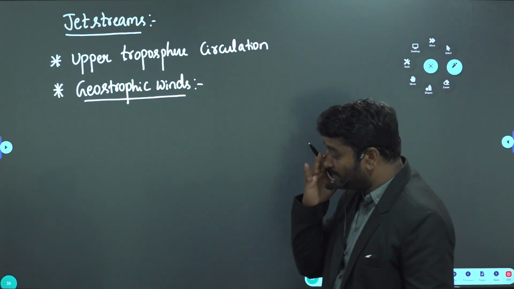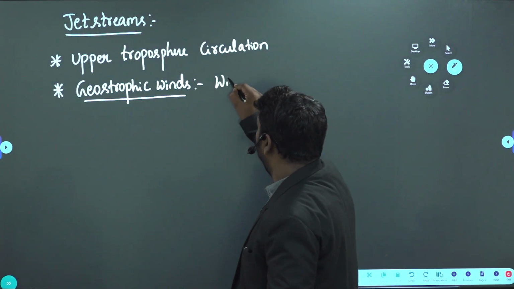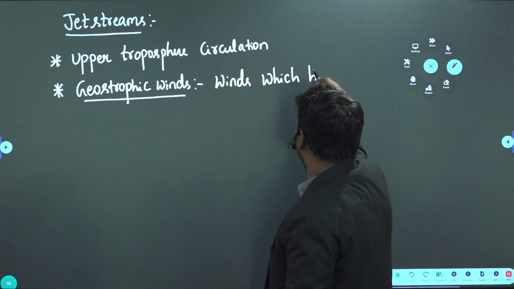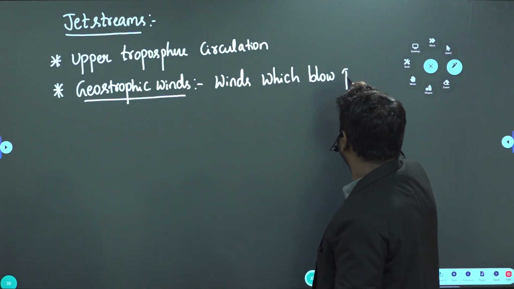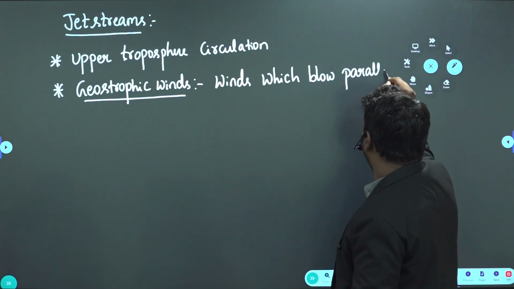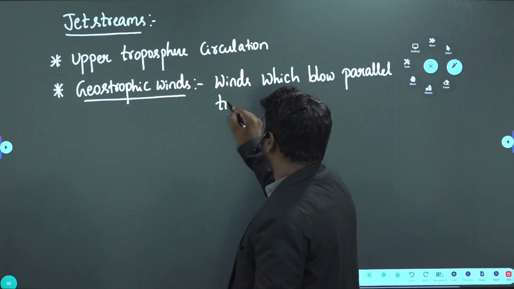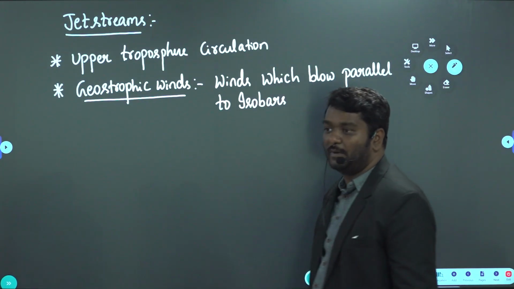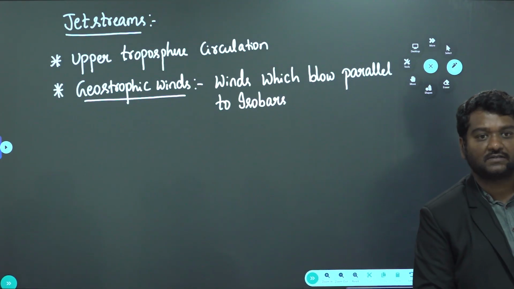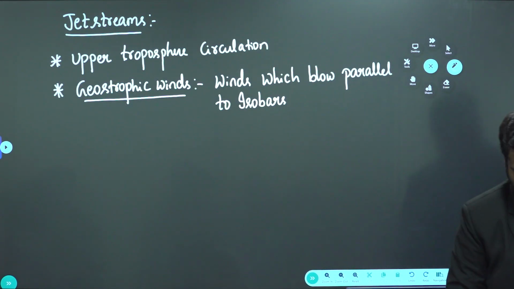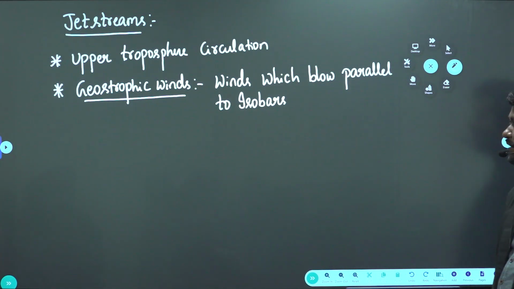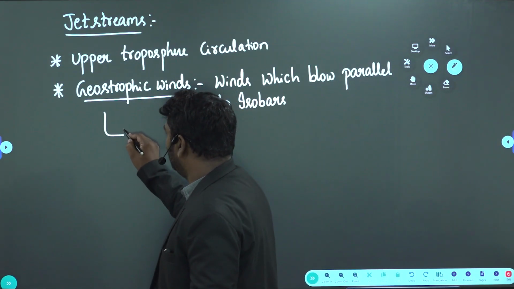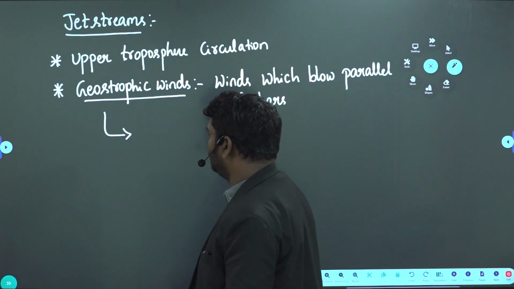Geostrophic winds mean what? Winds which blow parallel to isobars. What are isobars? Same pressure. The ones which blow parallel to isobars are called geostrophic winds, and they blow parallel because of 2 reasons.